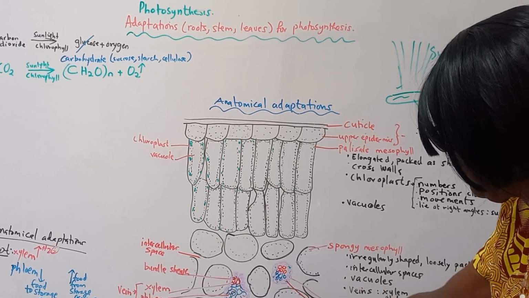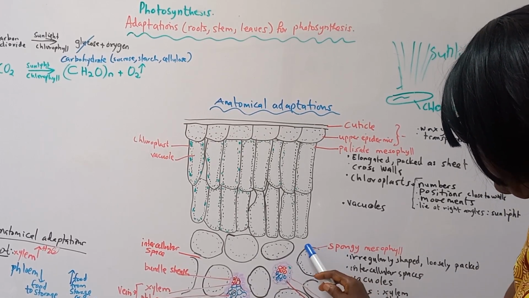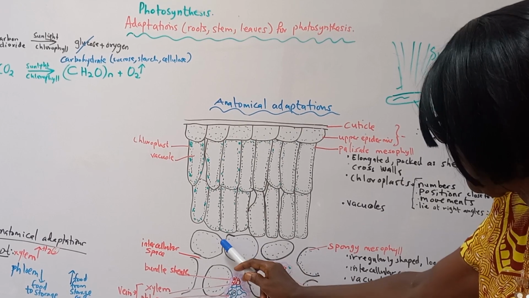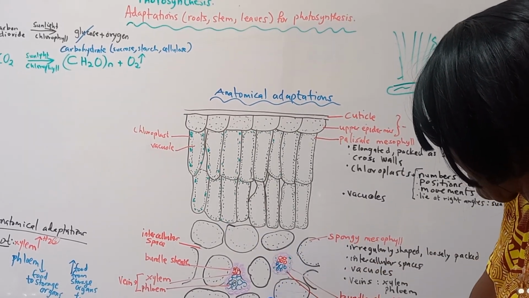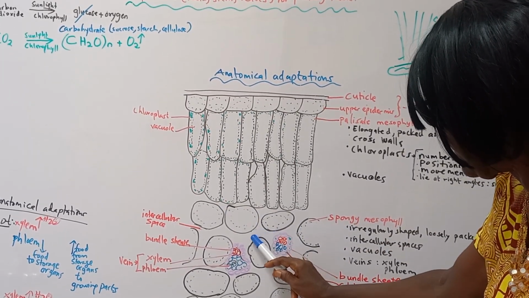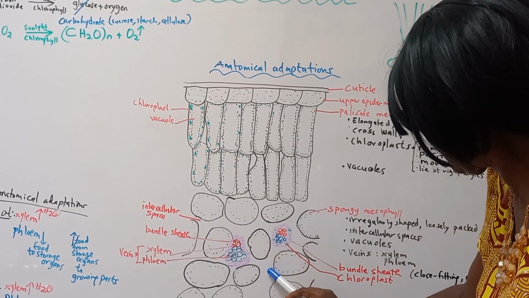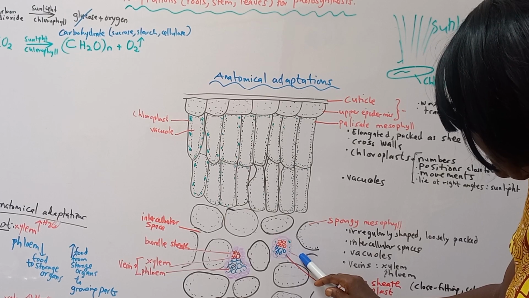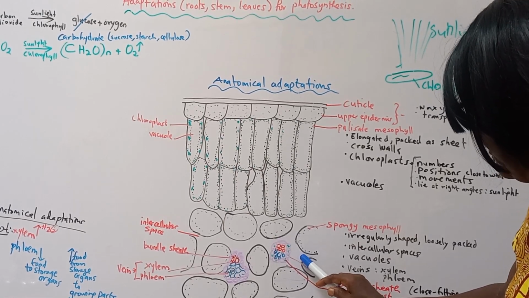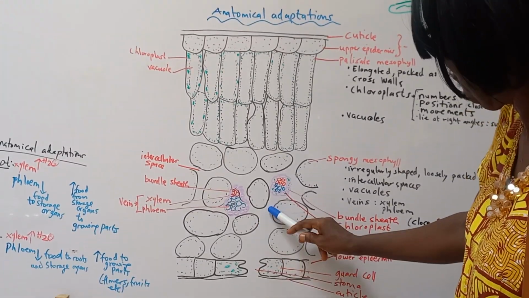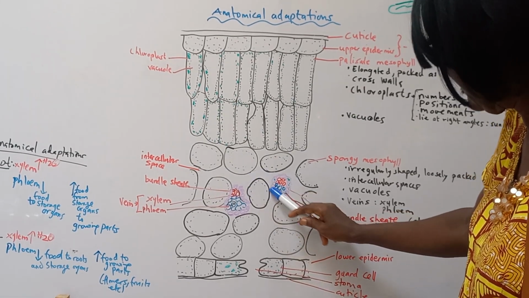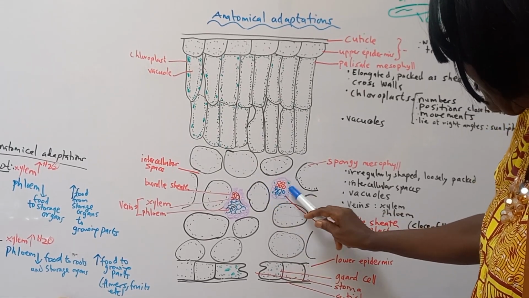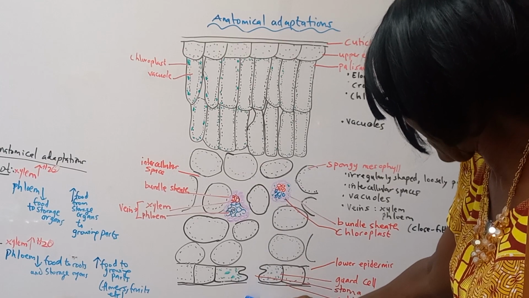These are the spongy mesophyll cells. See, the cells are irregularly shaped and they are loosely packed, allowing big intercellular spaces. And the intercellular spaces are very important to allow gas exchange. Carbon dioxide moves in and fills the intercellular spaces, and oxygen moves out.